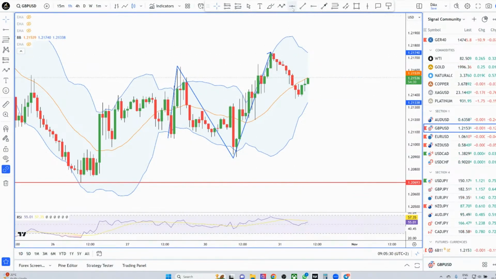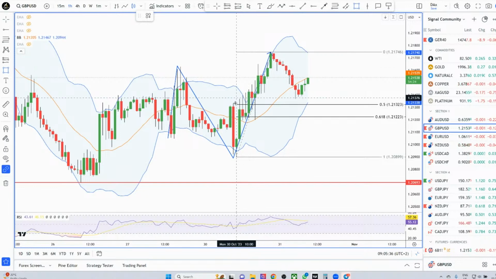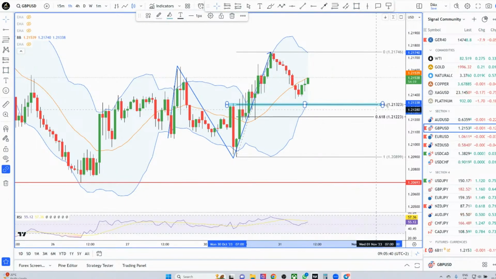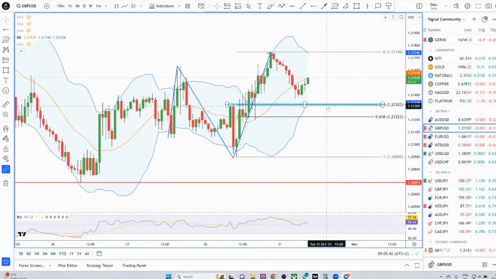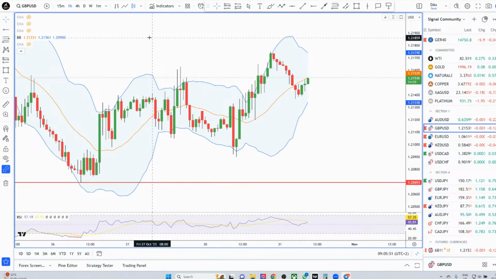So I use some fib as well, and wait for price to come in line with an intraday support, tap into the fib area, and then look to take some trades. That's the most part of my trading strategy and the execution part.